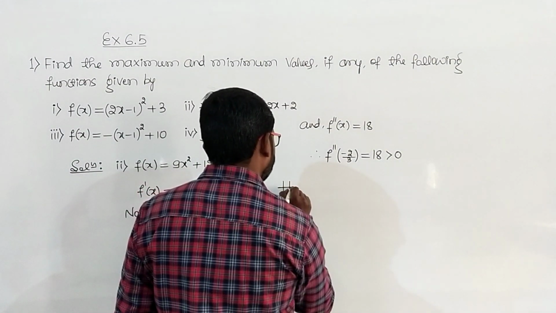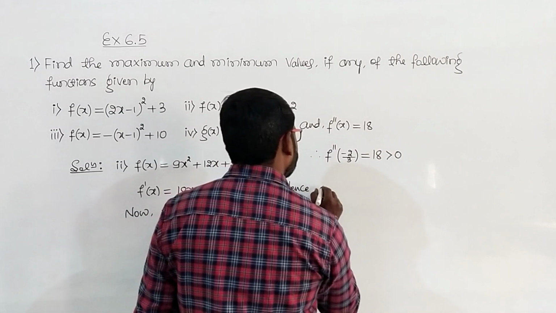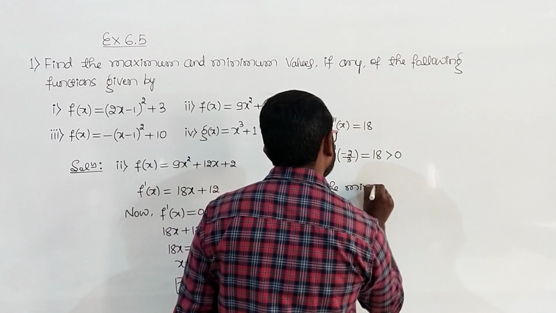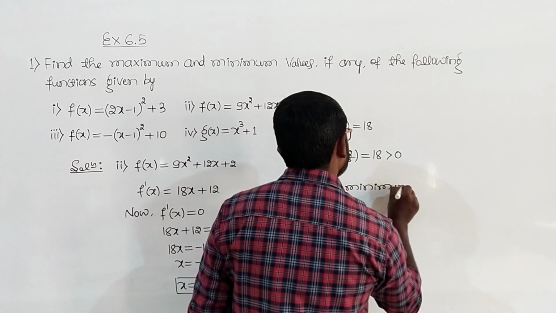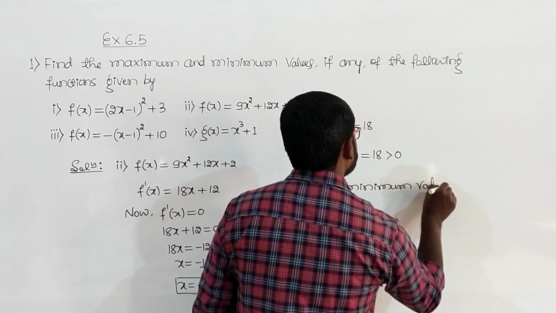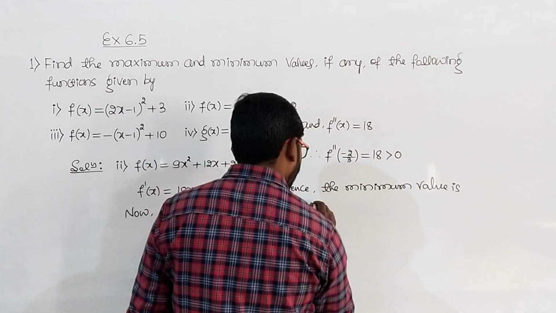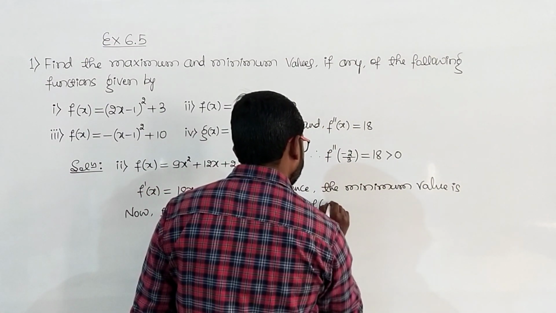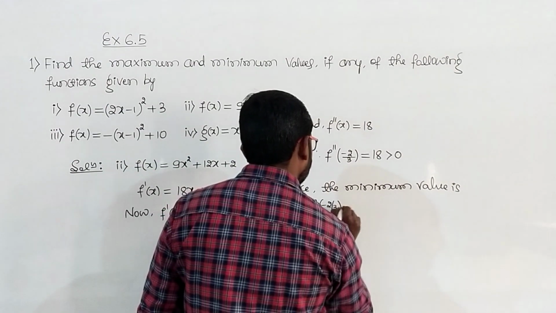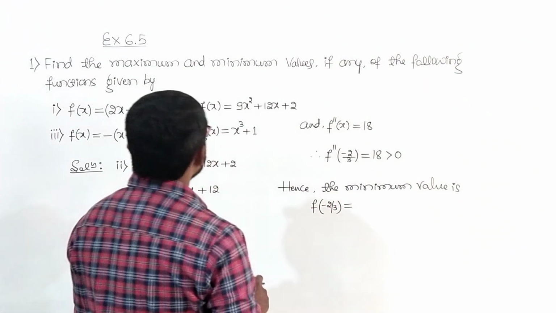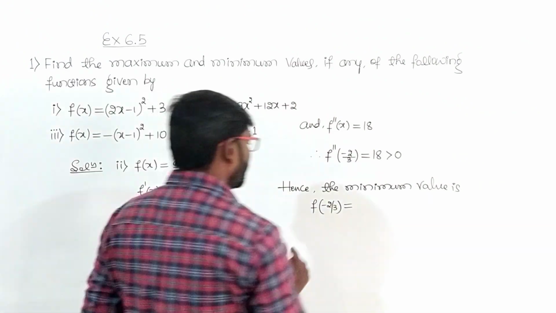Hence the minimum value is f of minus 2 by 3, so replace x by minus 2 by 3 now.